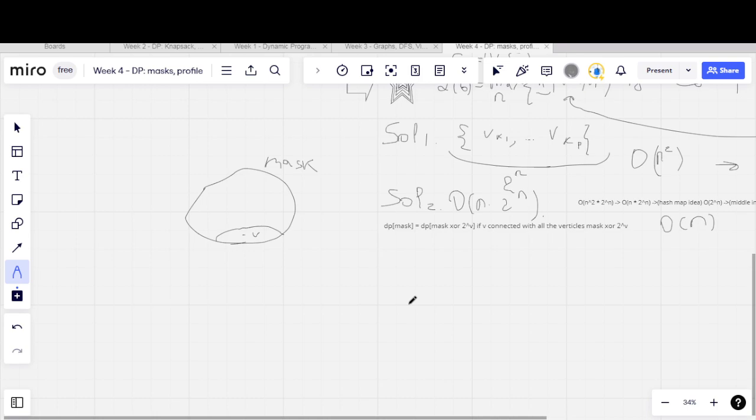So the solution will be O(n multiplied by 2 to the power of n). Next step.